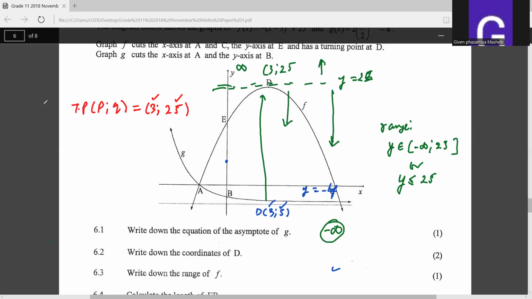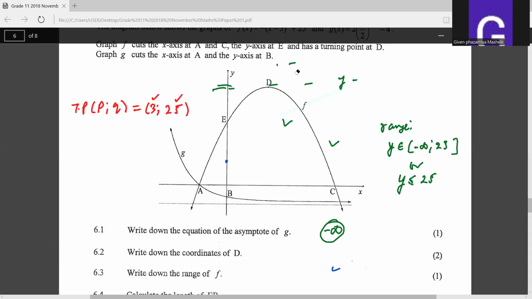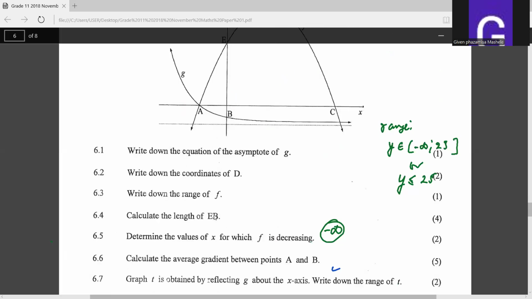Right, now the next question says, calculate the length of EB.